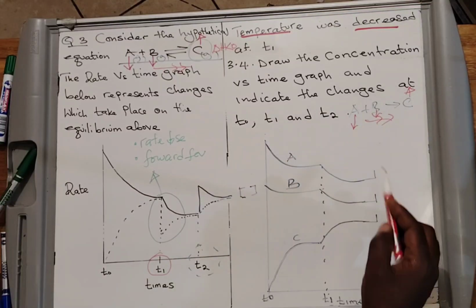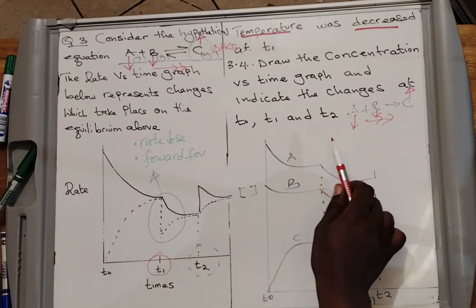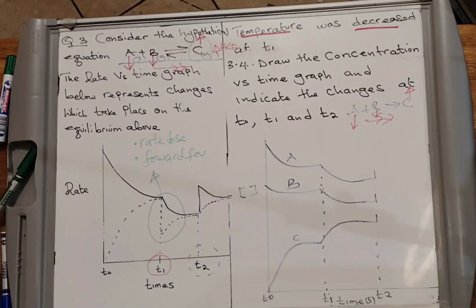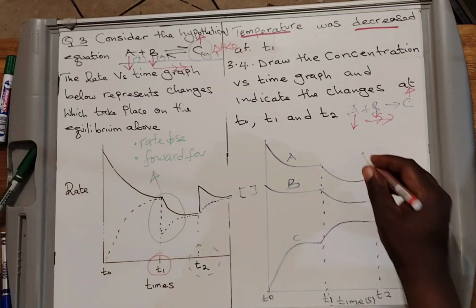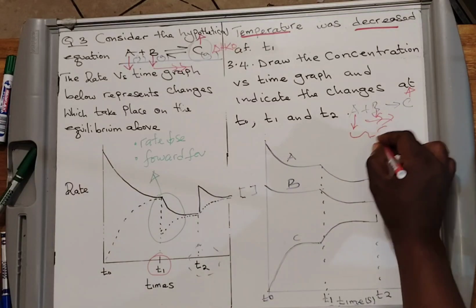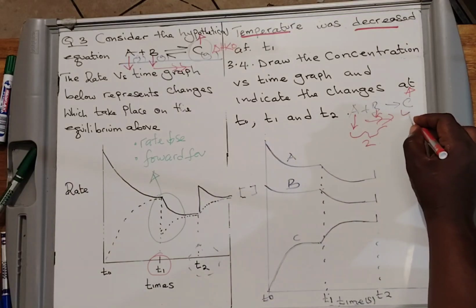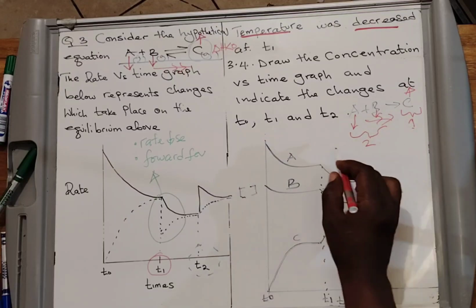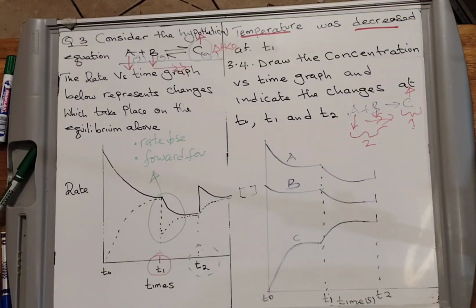C. Remember, increase in pressure favors the change from high number of moles to lower number of moles. So if these are 2 and this is 1, that's the direction. It's forward.